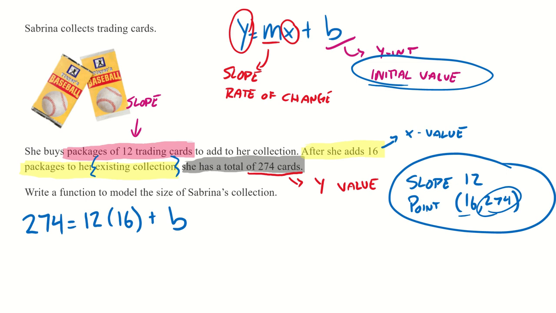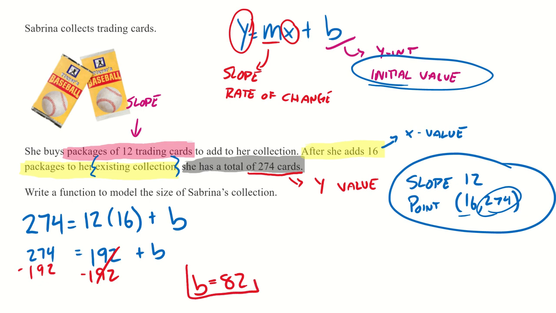Now if we start simplifying, 12 times 16 is 192. Everything else stays the same. To get rid of our 192, we minus 192, and we get b equals 82.